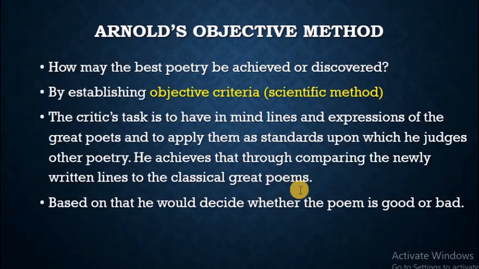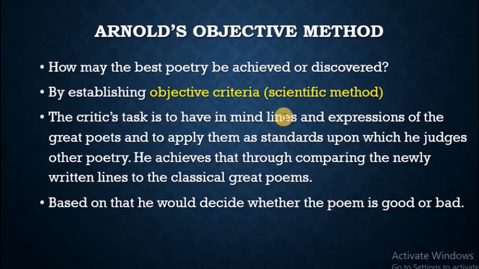Not only Shakespeare, of course; we have many examples, like John Milton, like Homer, if we are talking about classical Greek poetry. Based on that, he would decide whether the poem is good or bad.